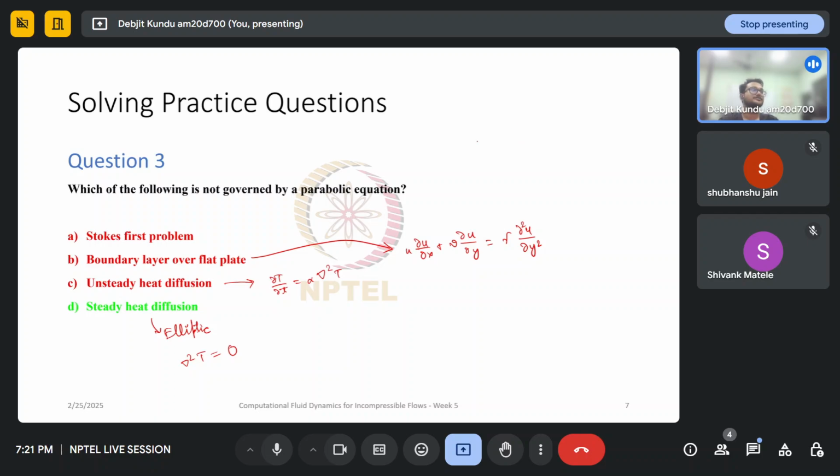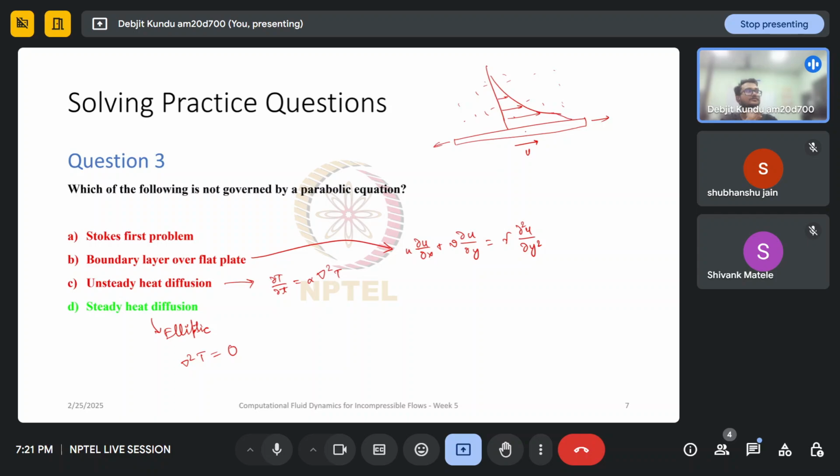Then Stokes' first problem is the problem that we were talking about earlier, an infinite plate which is sitting near a quiescent fluid, and this suddenly starts moving with a velocity u, and that sets up some velocity profile in the liquid above.